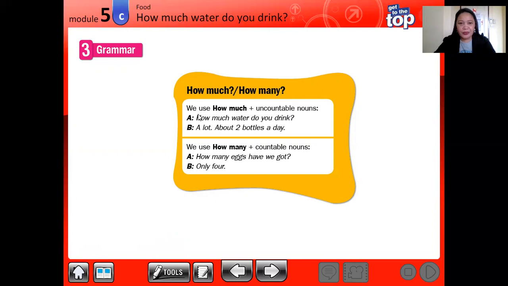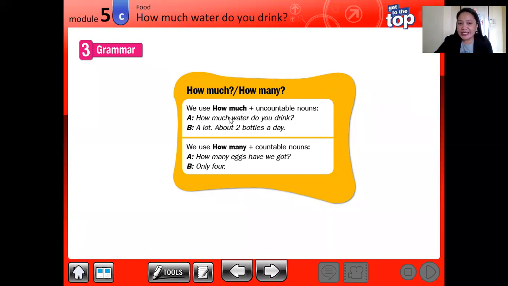Let's read. We use how much plus uncountable nouns. We cannot count them, like orange juice, milk, chocolates. So we use how much when we ask questions with uncountable nouns. Example, how much water do you drink?